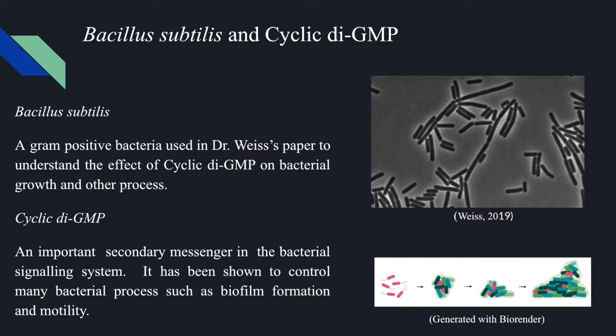Cyclic diGMP is an important secondary messenger in bacterial signaling systems. Research has shown that cyclic diGMP can control many bacterial processes such as biofilm formation and motility. As you can see in the two pictures, the above one is a microscopy image of Bacillus subtilis, and the second image is a formation of a biofilm.